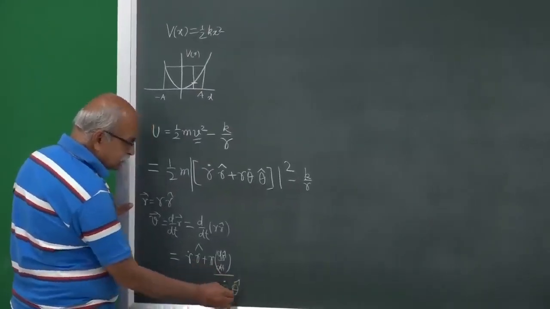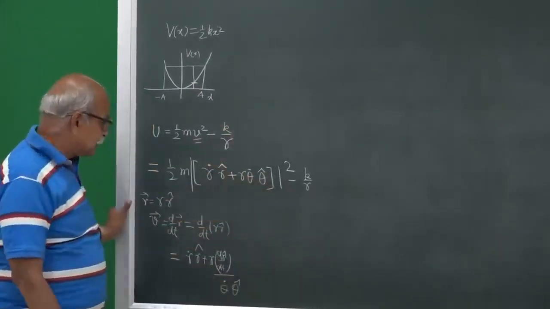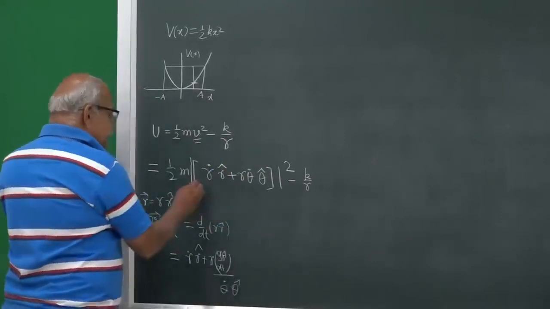So, r theta dot theta cap, we derived that. Now, what is that magnitude square?